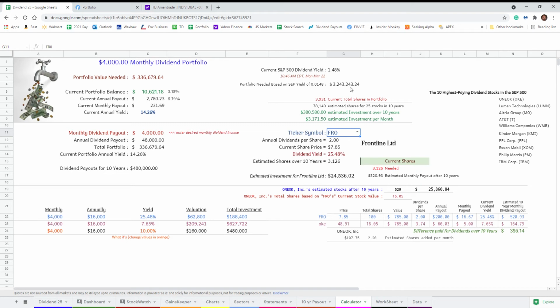You probably just saw some numbers change up here. Having said that, my spreadsheet is pretty much dynamic, in the sense that there's very little that I do as far as manual input.